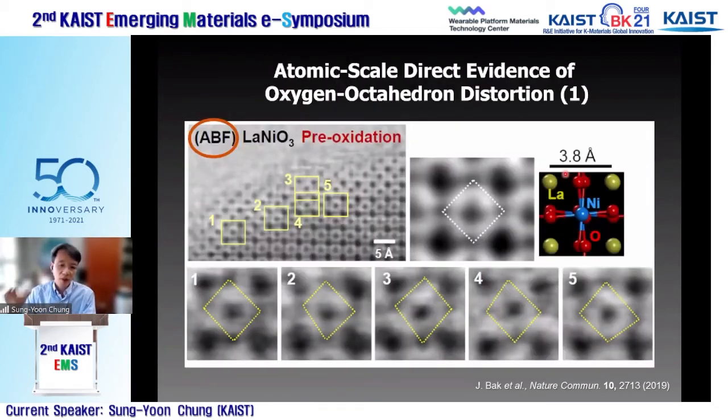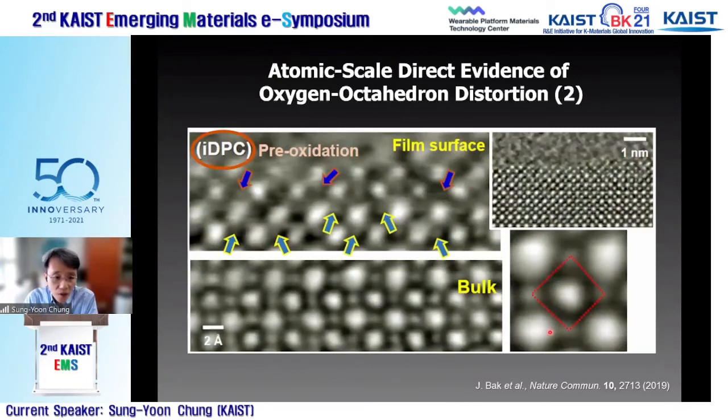I think the message is the same. By using ABF images at the surface of the ion exchanged sample, there is a strong distortion, as you can see, around the oxygen, nickel, and iron. Strong distortion is a common feature in our observations.